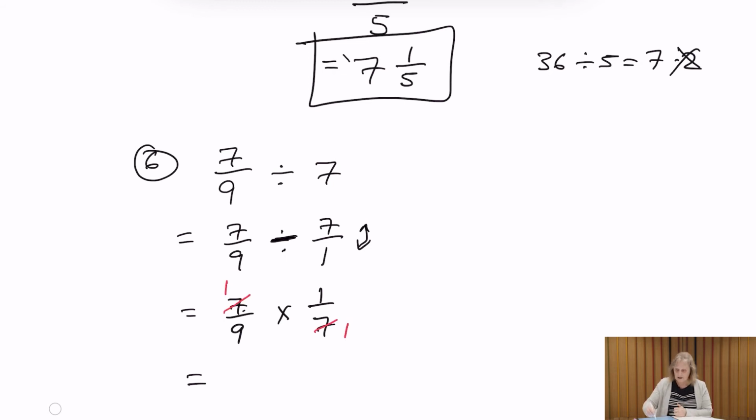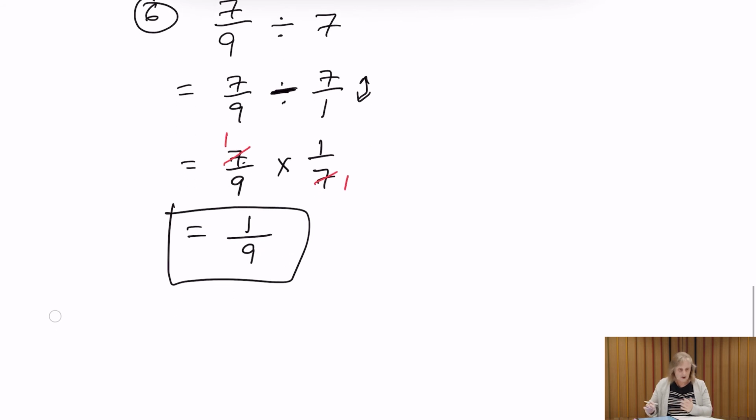Now we continue to multiply across. In the numerator, 1 times 1, and in the denominator, 9 times 1, which gives us 1 over 9. So 7 over 9 divided by 7 is 1 over 9. I would have had no idea what the answer was until I followed through the calculation. And that's just a proper fraction, 1 over 9.